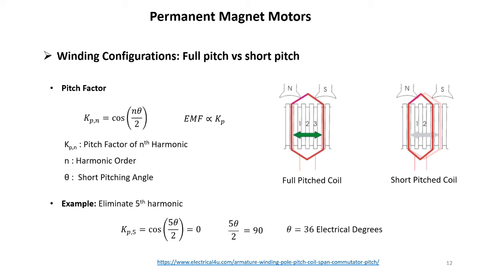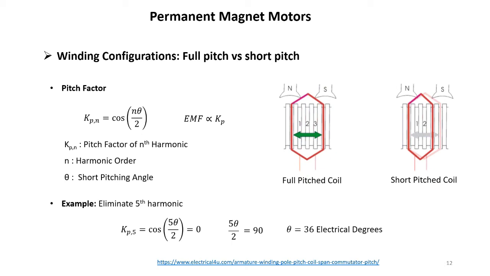But sometimes we intentionally reduce this, and you can see the short pitch coil in the second picture. So how is this going to help us? We have something called the pitch factor, which is calculated by cosine of n times theta over 2, where n is the harmonic number and theta is the short pitch angle. And the short pitch angle is this distance here that we just reduced, we just displaced the coil side.